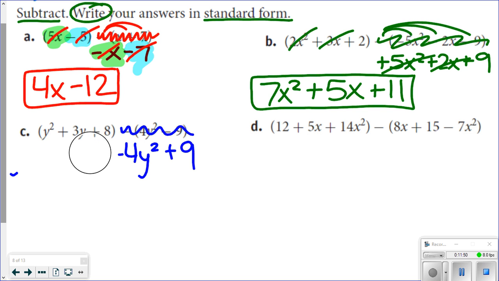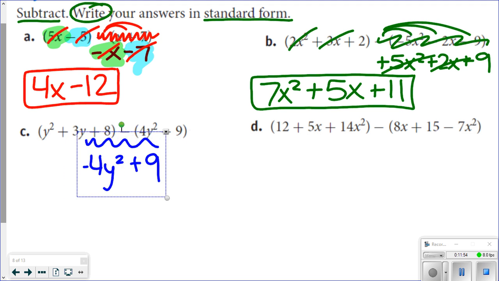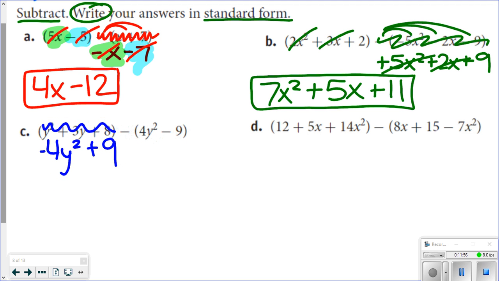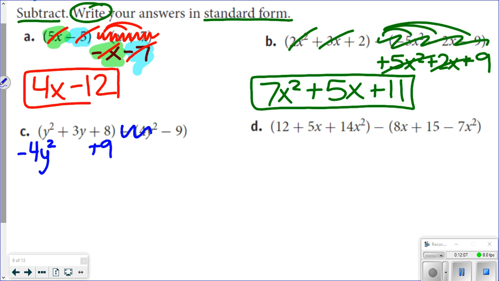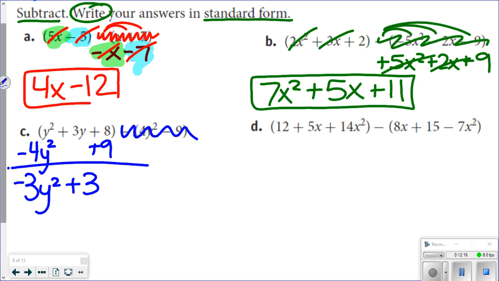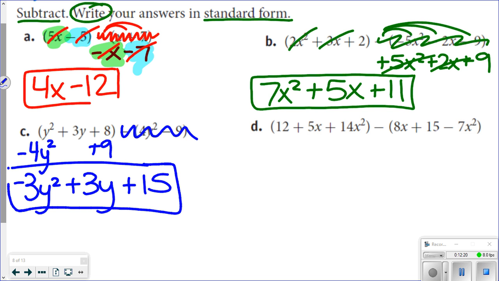Or if you wanted to, you could take this and line it up underneath. So you could have your negative 4y squared there and your positive 9 here. And this is in standard form.